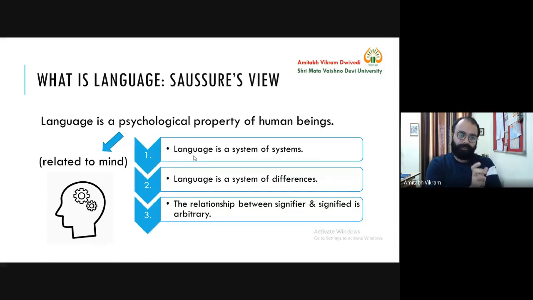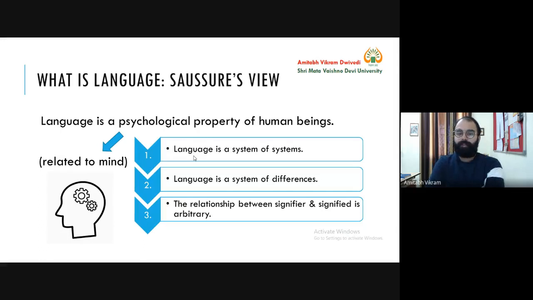This is a definition by Ferdinand de Saussure, and you can also learn this definition by heart, because the theory of Saussure provides a fine philosophy of language science.